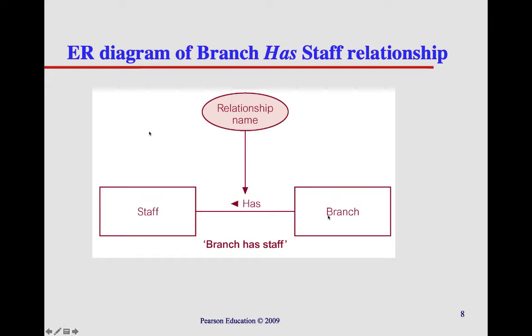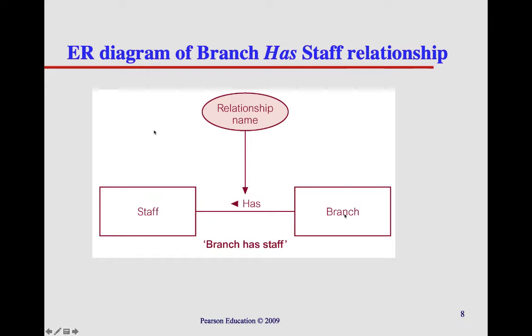So in this case, branch has staff, and you have an arrow indicating the direction of the relationship. Typically, on that arrow, you'll have what we call the degree of the relationship. Okay?